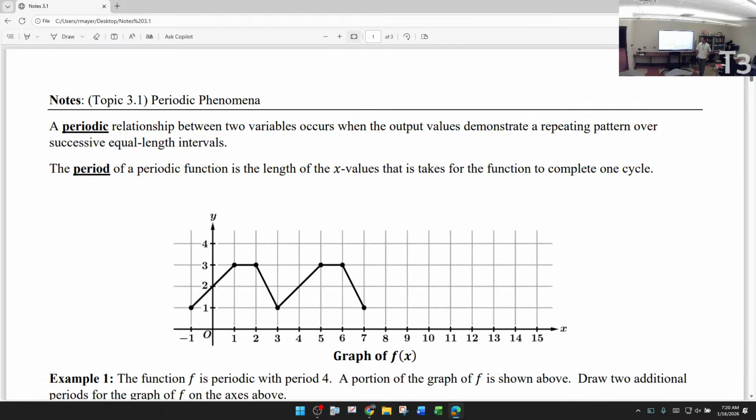3.1, periodic phenomena. What I'm going to tell you today, guys, listen, will be a free response question on your test, on the next test, and on the AP test. There will be a question that comes from this, from your worksheet, from your homework.